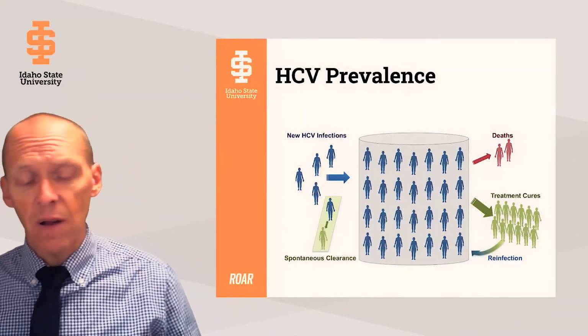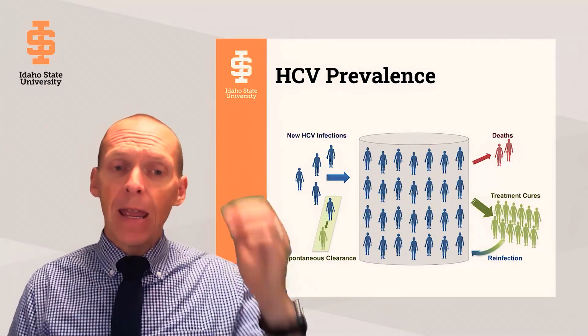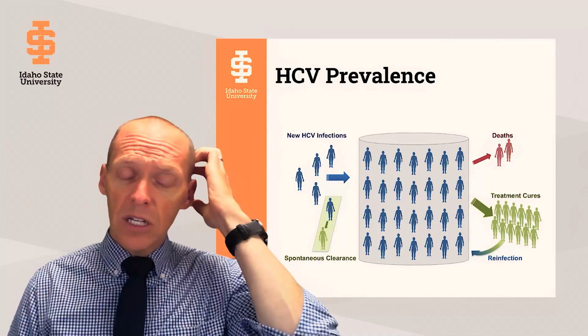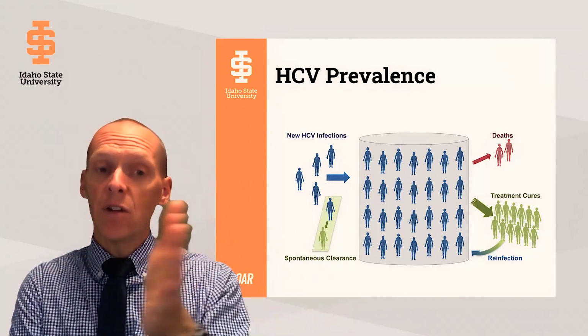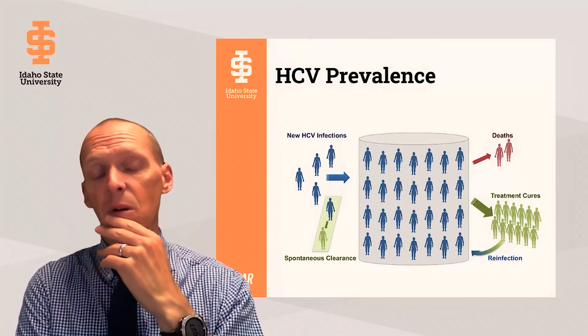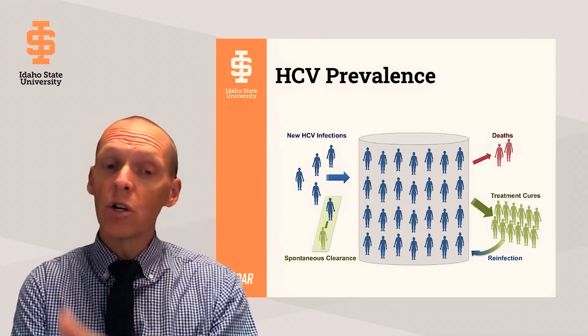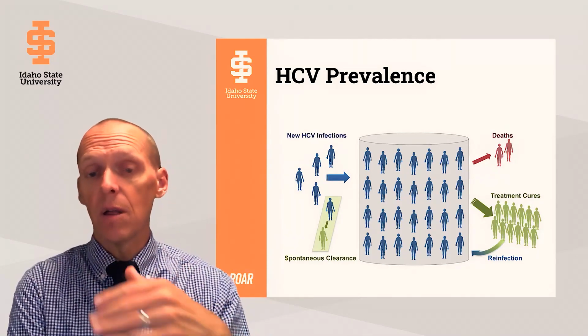But prevalence, again, is the number of persons living with hepatitis C at one time. And what's unique about hepatitis C is that we have new infections, and a small subset of persons with new infections will clear the virus on their own, and they will essentially self-cure.